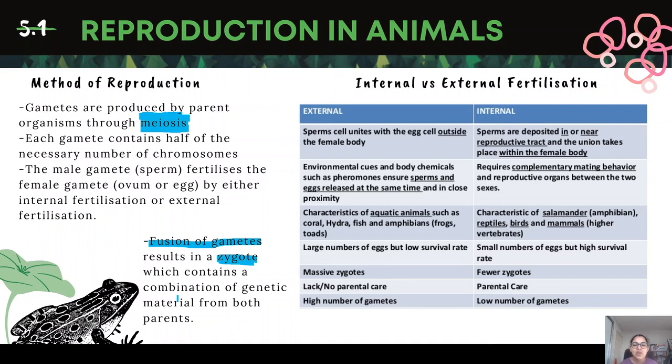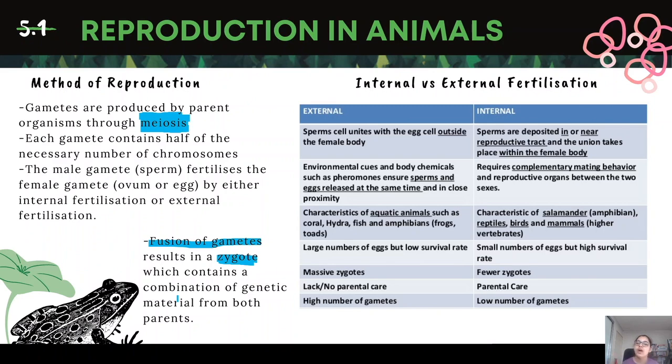Now let's have a look at the difference between internal and external fertilization. Let's start with external. In external fertilization, the gametes unite outside the female body. The sperm cells will unite with the egg cells outside the female body.